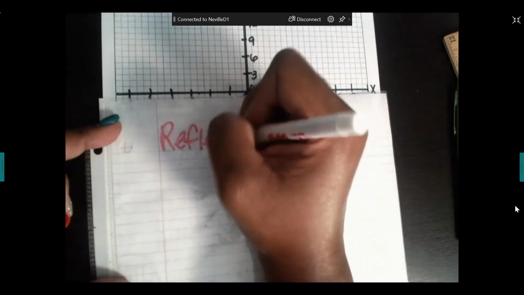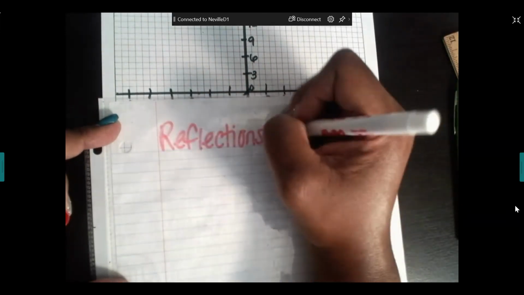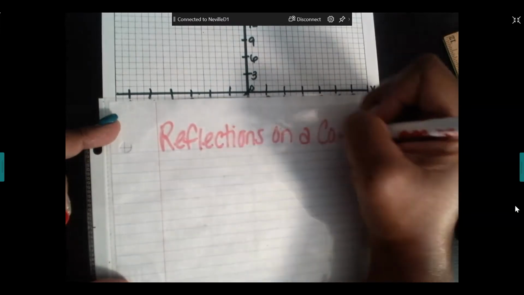At the top, we're going to write the same thing we wrote. Much better. We're going to write the same thing we wrote at the top of our coordinate plane, reflections on a coordinate plane.